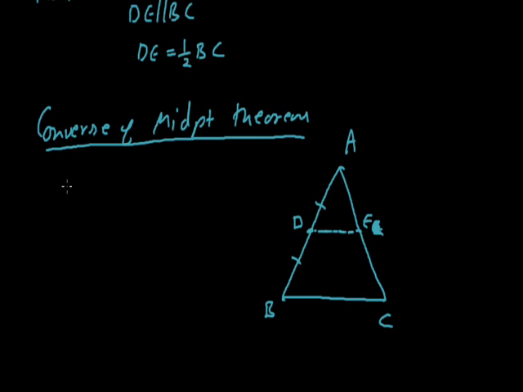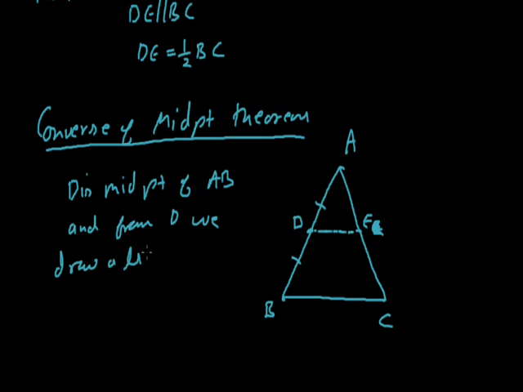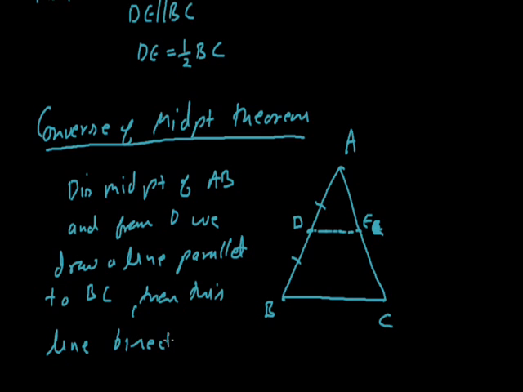We have given that D is the midpoint of AB, and from D we draw a line parallel to BC. Then this line bisects the other side.